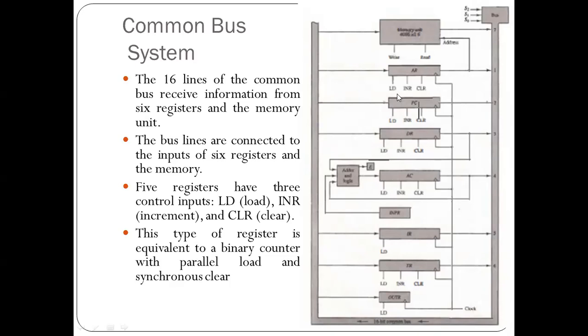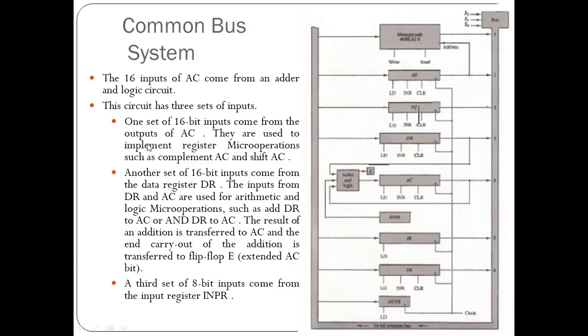We call them binary counters because they can increment themselves with the help of the INR control signal. And with respect to the clock, they can clear their contents automatically whenever required. Hence we call it parallel load and synchronous clear. Parallel load means all the 16 bits available on the common bus are loaded at a time onto the register.